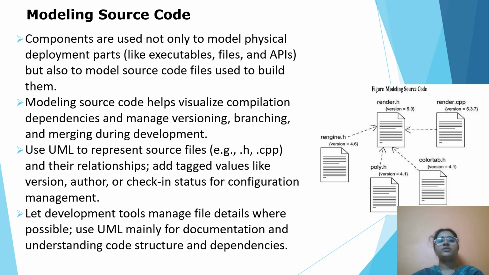UML can be used to show how these files are related and depend on each other. Let development tools manage file details where possible. Use UML mainly for documentation and understanding code structure and dependencies.